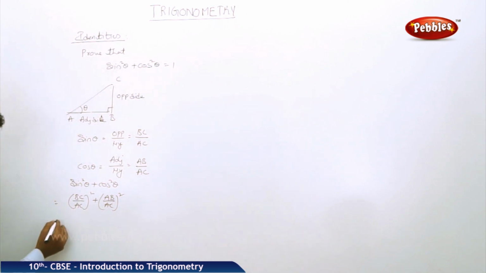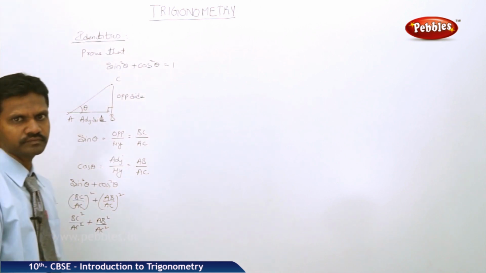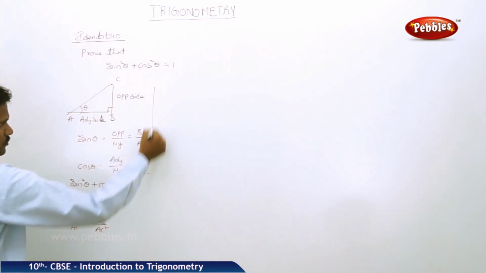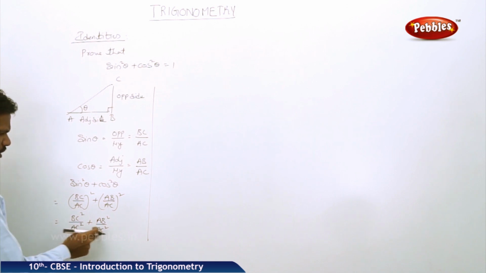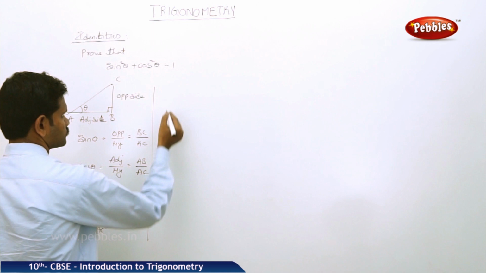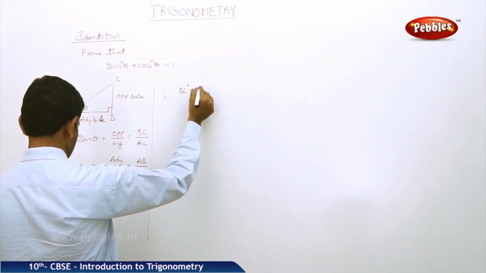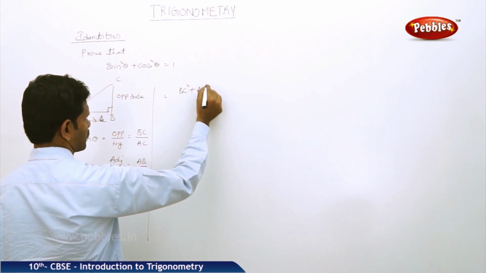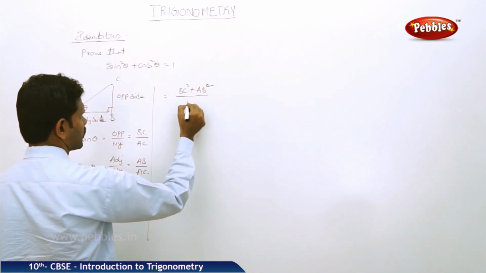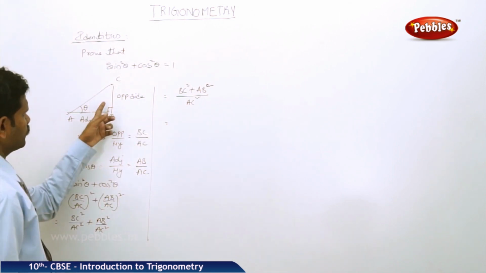That is BC square by AC square plus AB square by AC square. The denominators are the same, so the numerators are written as they are: BC square plus AB square by AC square.